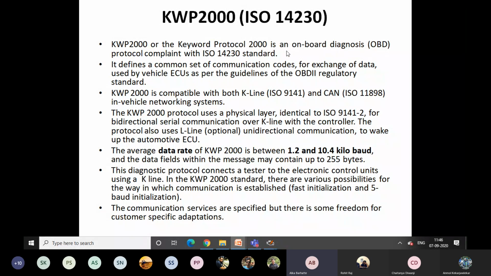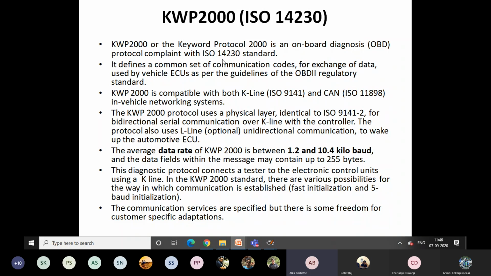It is usually represented by 14230 colon 1 dash 3, including all the data layers, like the 3 layers or the 2 layers of the OSI layer. That is your physical layer and data link layer, which is taken care of by this particular protocol.